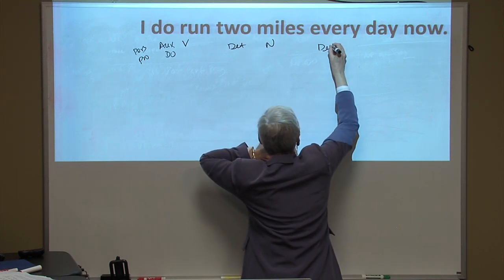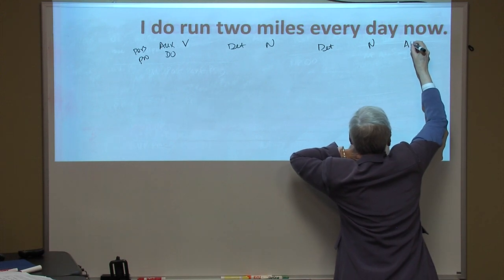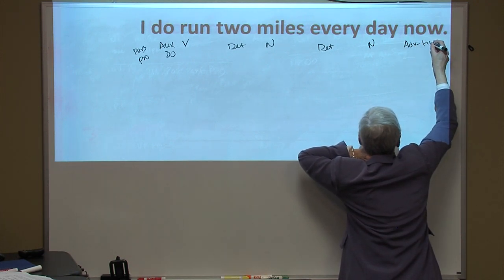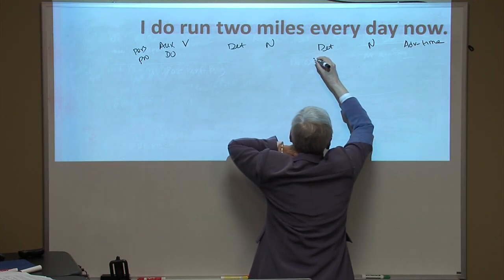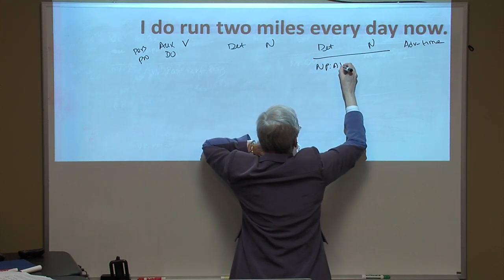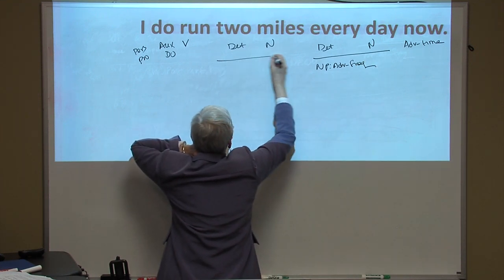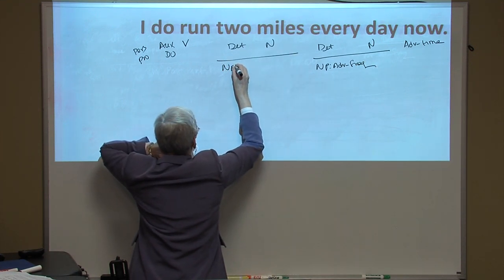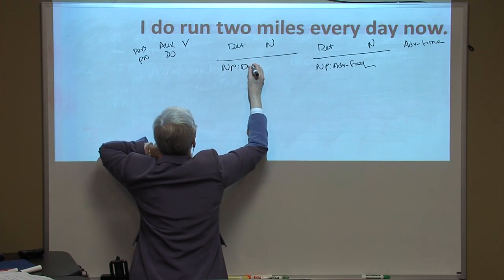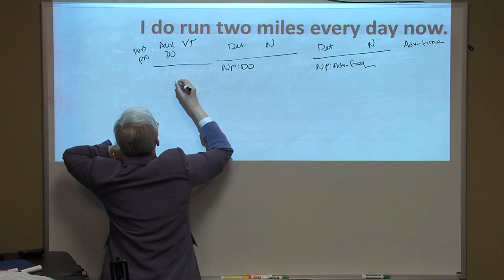Every, determiner. Day, noun. Now, adverb of time. Every day, noun phrase, functioning as adverb of frequency. 2 miles, noun phrase, functioning as direct object of our verb do run, so that's a transitive verb.